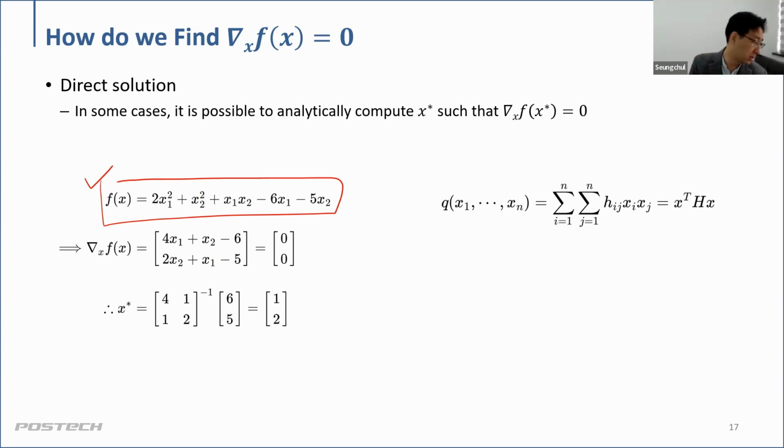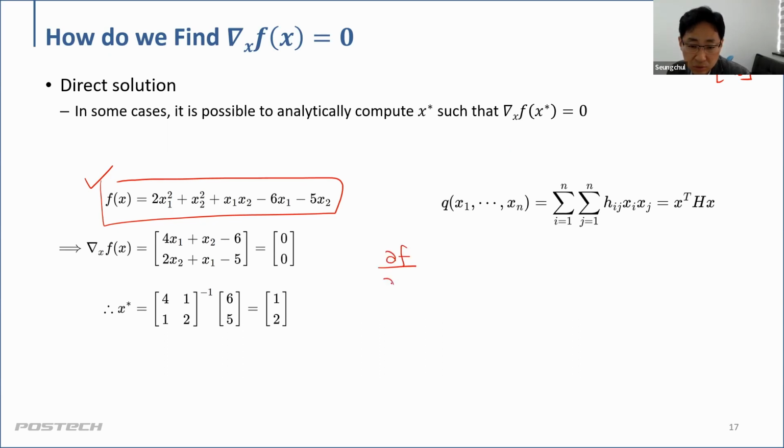What's the dimension of the inputs? Anybody? 2. Good. So we have x of 1, x of 2. And we need to compute the gradient, right?